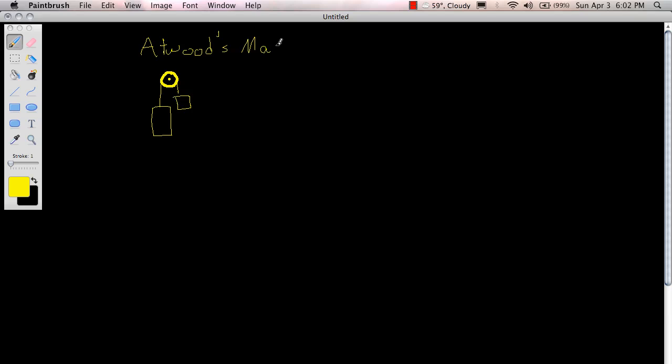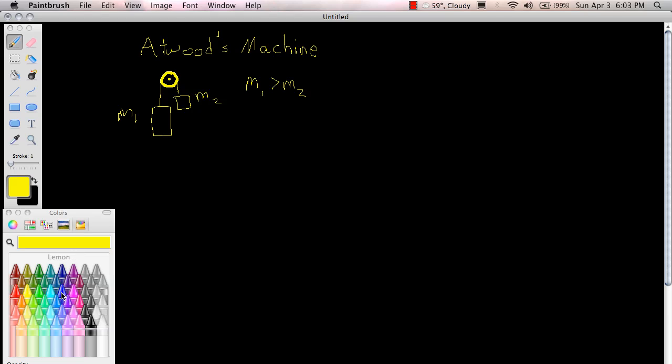Now let's call the mass on the left M1 and the mass on the right M2. And we'll say, for the sake of this problem, and according to how I drew it, that M1 is greater than M2. Therefore, this entire system is going to move counterclockwise.